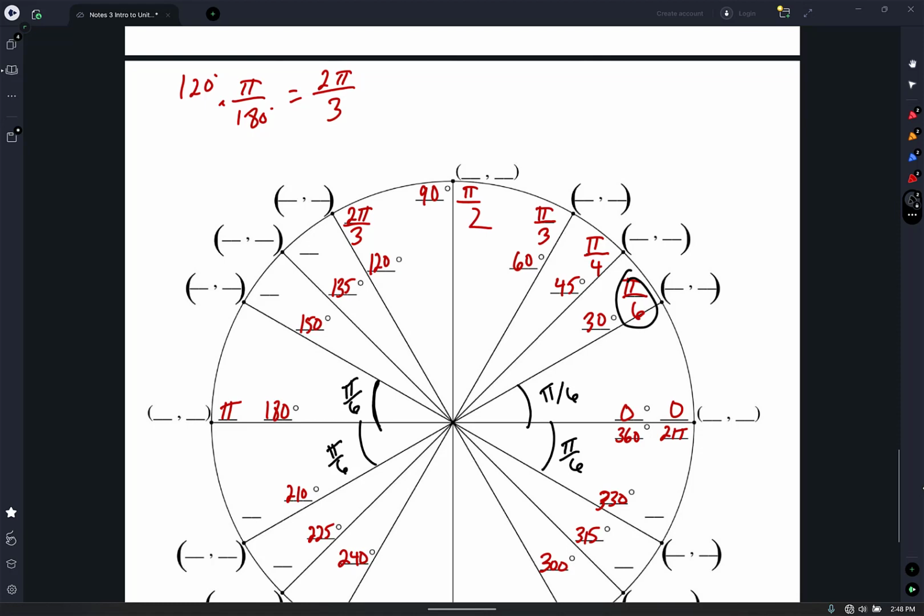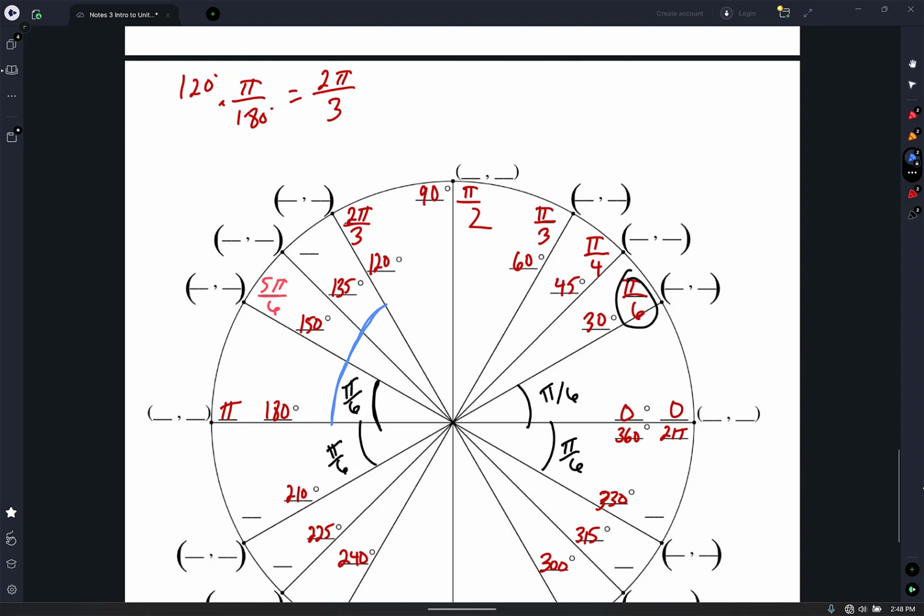It must be, guys, because pi over 6 plus 5 pi over 6 will get you 6 pi over 6, which is just pi. Does that make sense? That's how we got the 2 pi over 3. This distance that I'm putting in sky blue is pi over 3. So 2 pi over 3 plus pi over 3 gives you pi, or 3 pi over 3. Okay, now you can write. Does that make sense, guys?